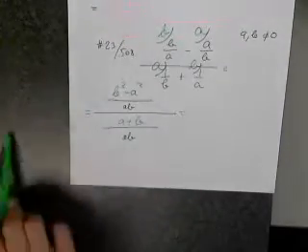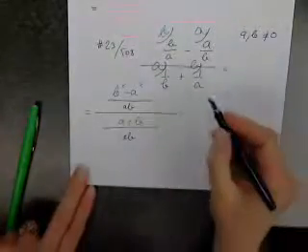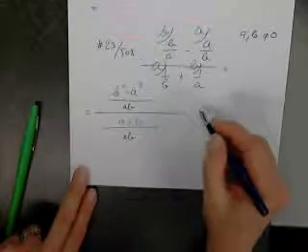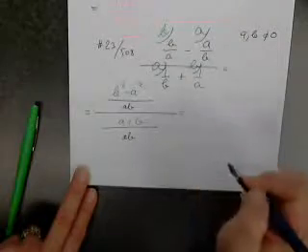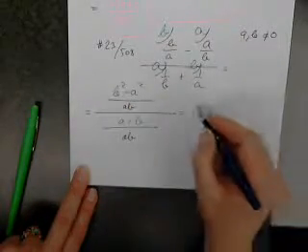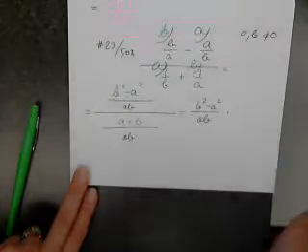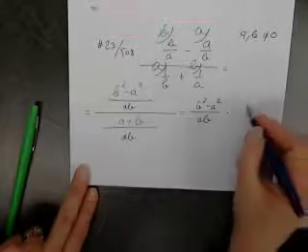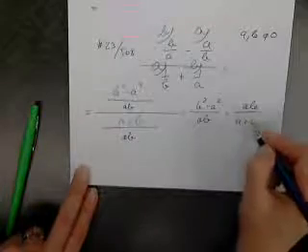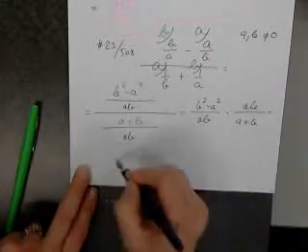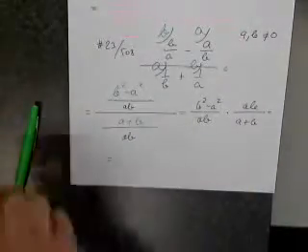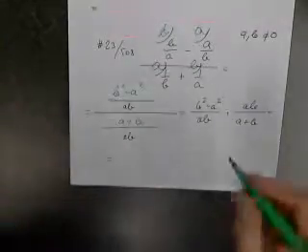How do I proceed? Copy the fraction from the top, b squared minus a squared over ab, and multiply it by, yes, ab over a plus b. I can definitely simplify what? Yes.